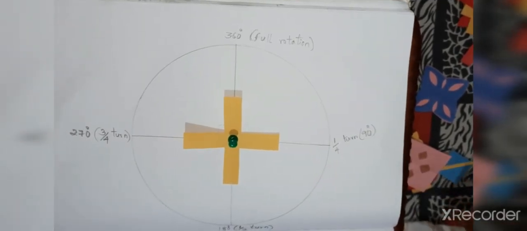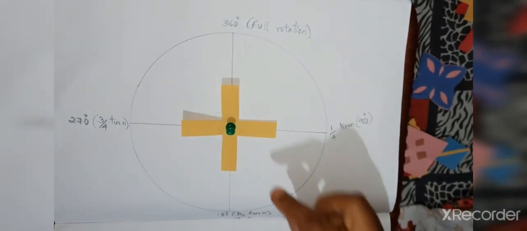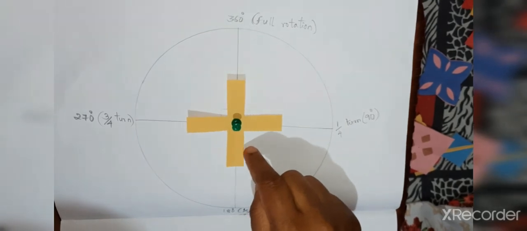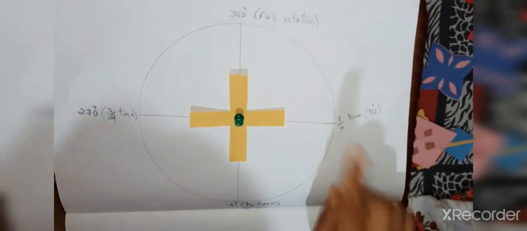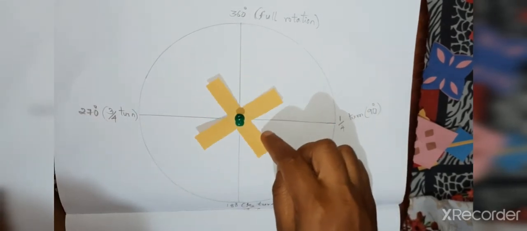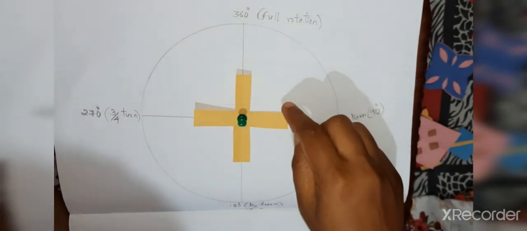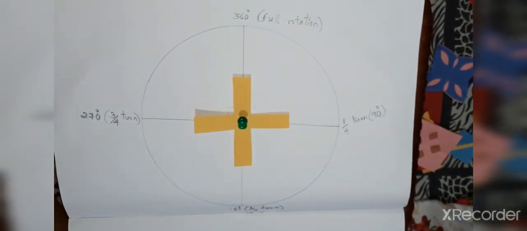Children, I have a plus sign here. Now let us see what happens if I give it 1/4 turn. It is looking the same by giving it 1/4 turn. If I give it half a turn, still it is looking the same. If I give it 3/4 turn, still it is looking the same.